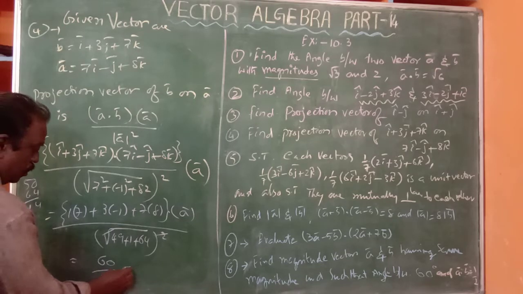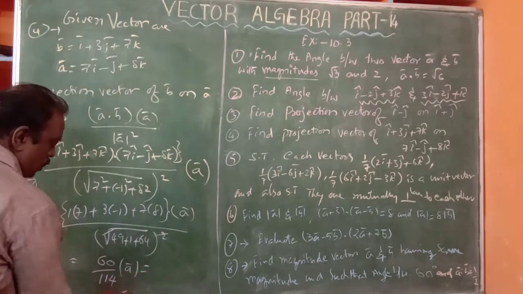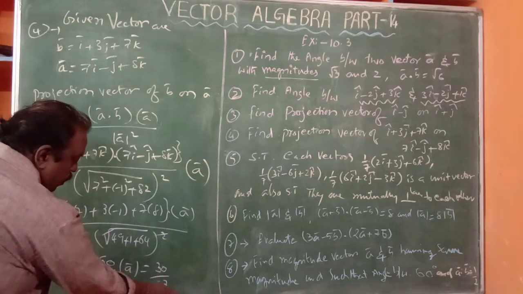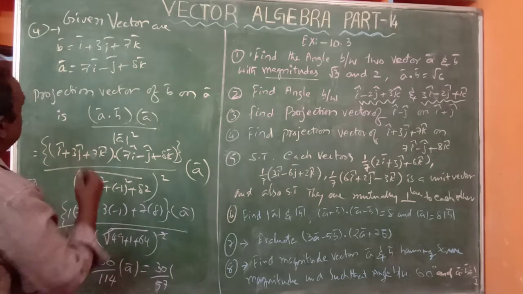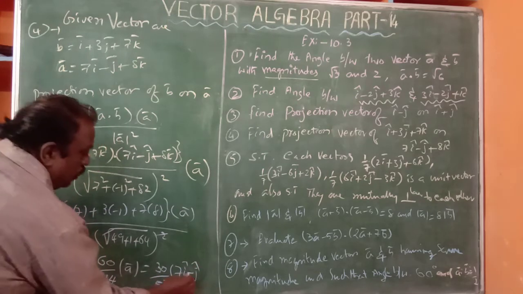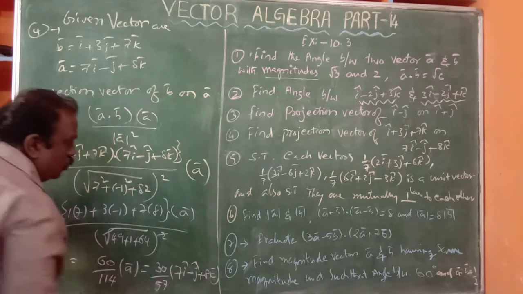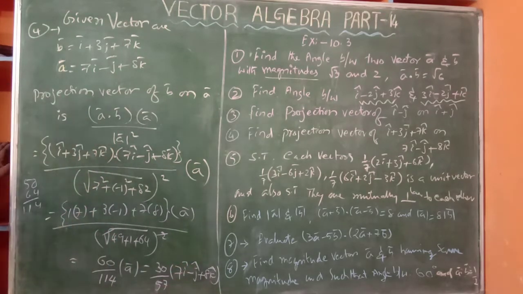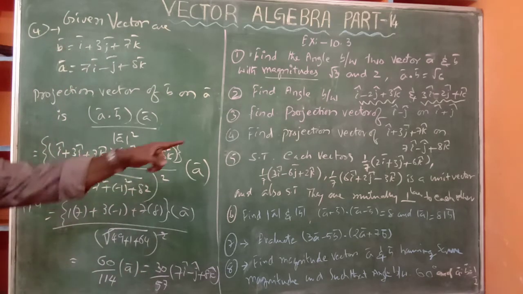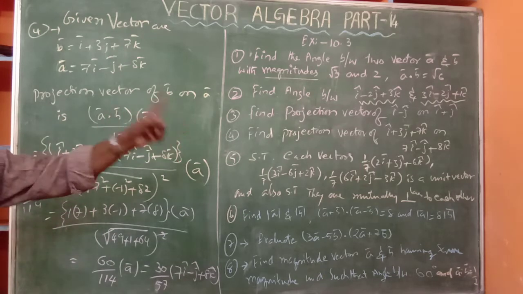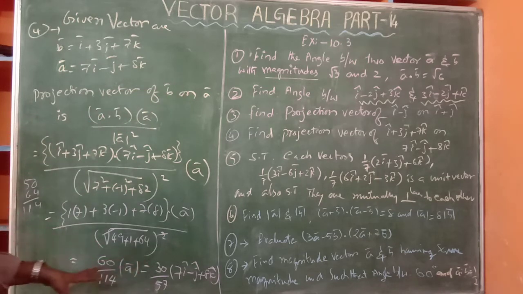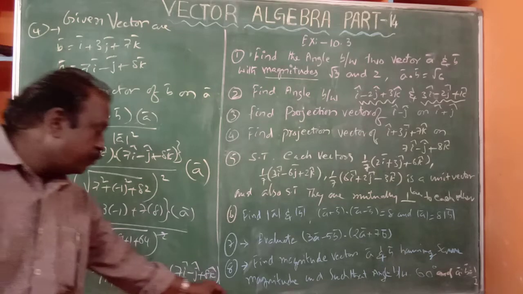It is 60 by 114 into A bar, that is 30 by 57. Okay now? A bar is 7i minus j plus 8k. So this is the required projection vector of the given vector. Find the projection vector of one vector on another vector. Okay na? Like this I have to solve. Next.